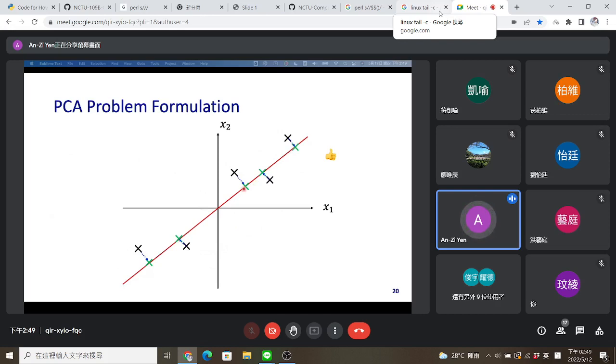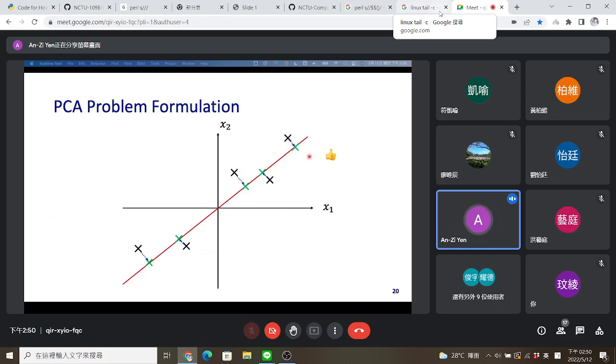A line like this might be a pretty good choice, because if you look at where the projected versions of the points are, we can take this point and project down here, and this point project down here, and this data is projected down here, and we find that the distance between each point and its projection on this line, the blue line, is pretty small, is pretty short.